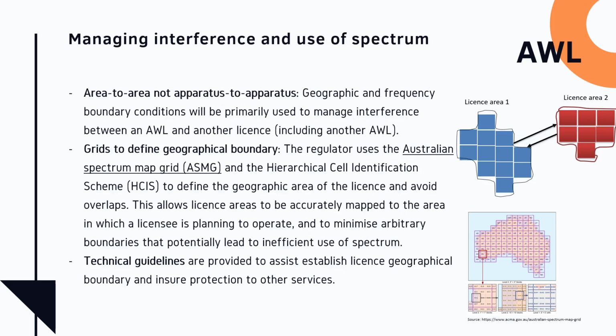Area representation has also been simplified by defining a nationwide hierarchical grid, as you can see in the bottom right corner. You can see we've got very high level grids, and then each grid has more granular detail, with more smaller grids. So there are multiple grid levels involved.